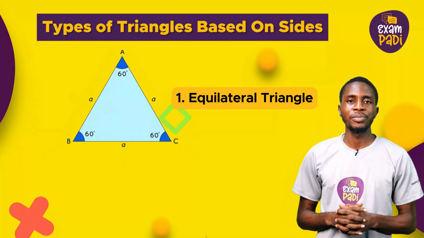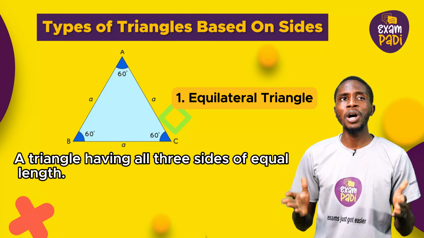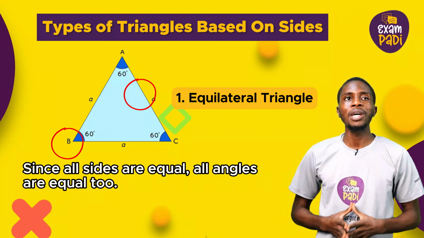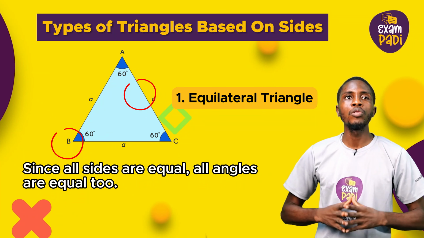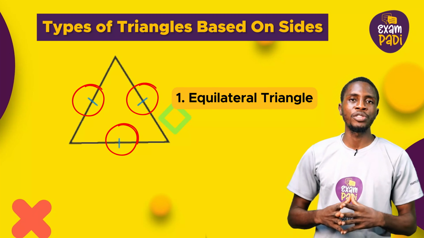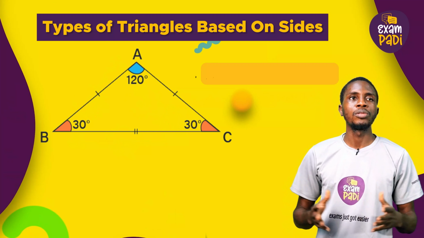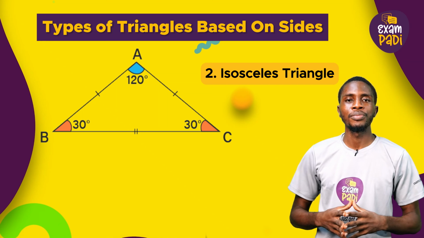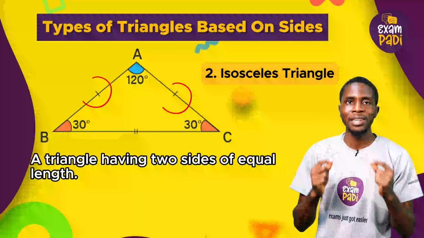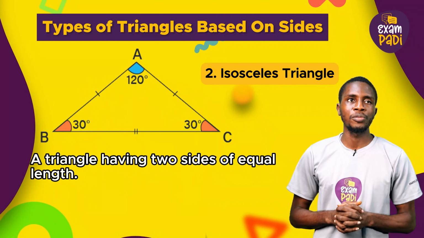We have different types of triangles based on sides, which include 1. Equilateral triangle. This is a triangle having all 3 sides of equal length. Since all sides are equal, all angles are also equal. It has 3 lines of symmetry. 2. Isosceles triangle. A triangle having 2 sides of equal length is an isosceles triangle.